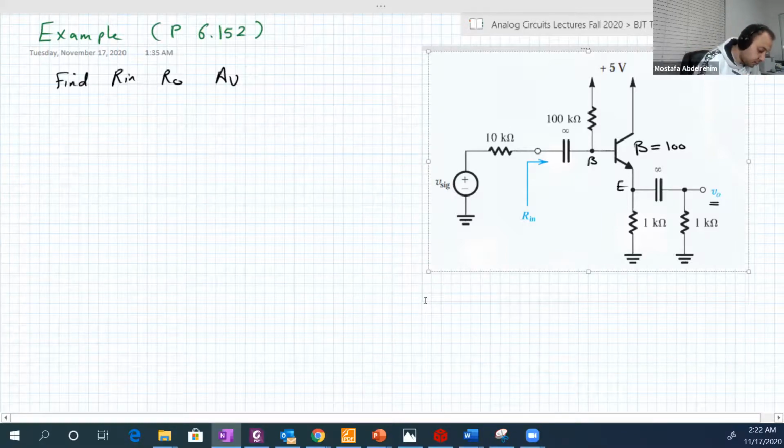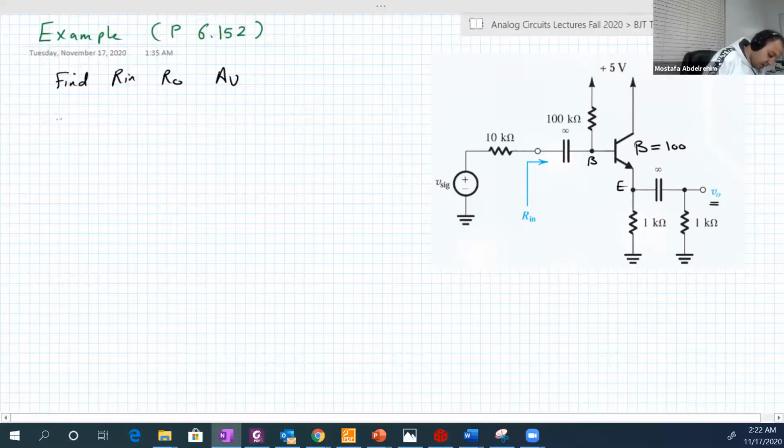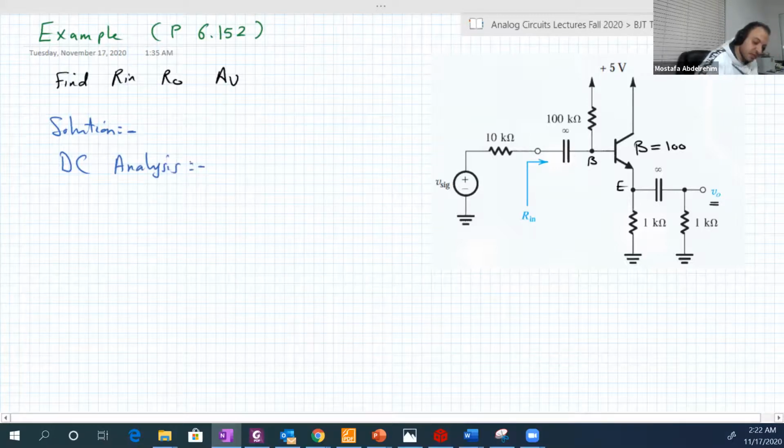Okay. So let's solve it. Solution. First, DC analysis. In DC analysis, the capacitors are open.